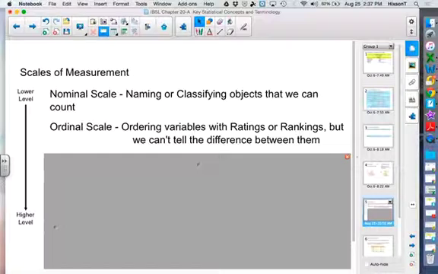However, we can't tell the difference between them. For example, two of the topics we covered last year might have been really challenging for you, and one was just a little bit harder than the other. But the third one might have been a whole lot easier than the second one. There's just a little gap between the first two, but then a huge difference before the next one.